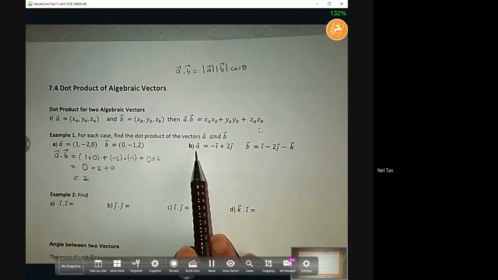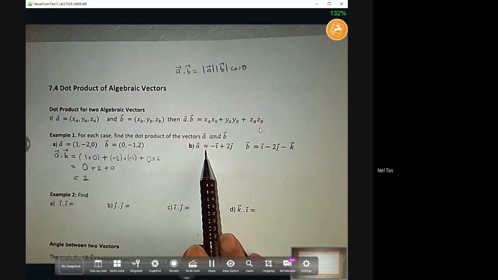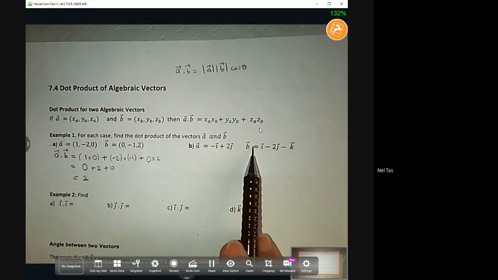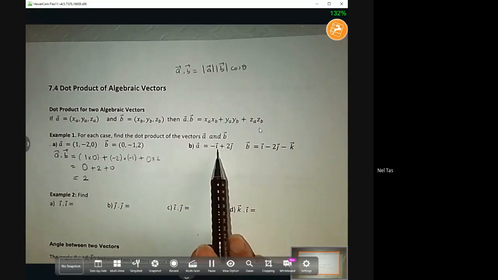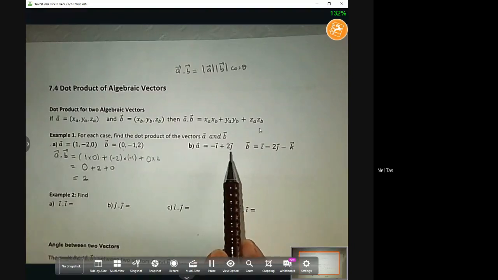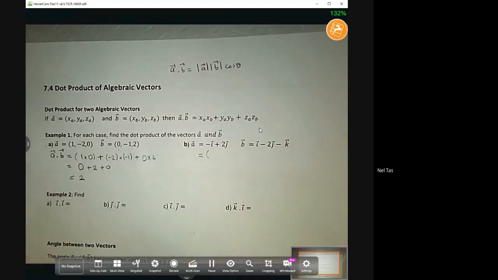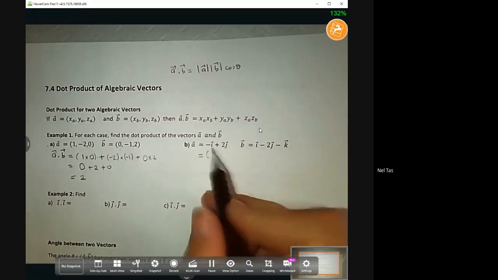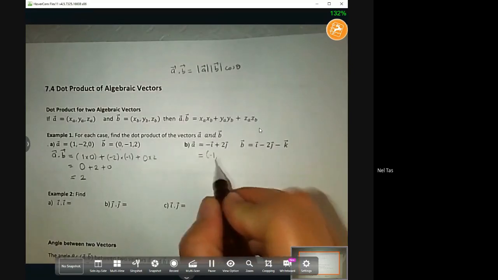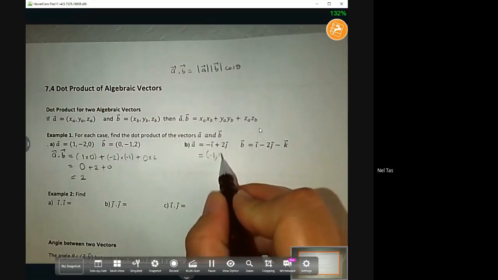Okay, so let's look at B. We are given vector A and vector B in 3D. But this time they are given with I vector and J vector, which are the basis unit vectors. So first we're going to convert them and write them with the coordinates. So negative I gives you -1, 2J gives you 2.